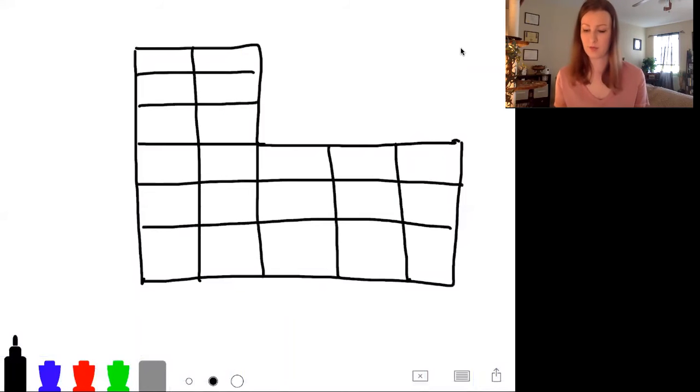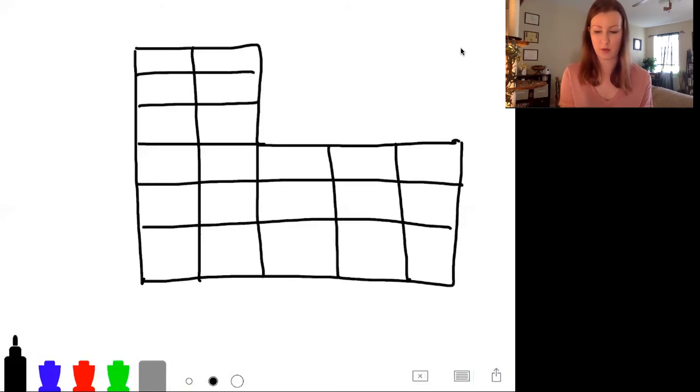All right, I don't want to count all those squares. So sometimes you can't. Sometimes there's just way, way too many. And what if you don't have squares? What if you just have a shape like this and it's not squared off? There's no grid paper.